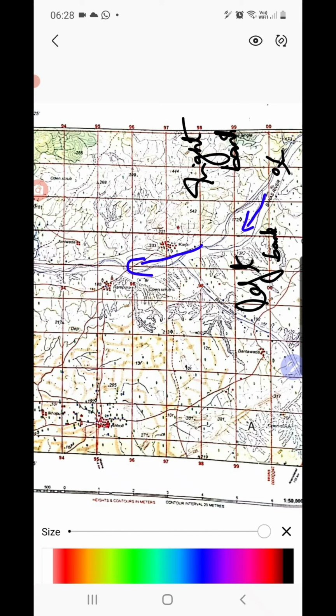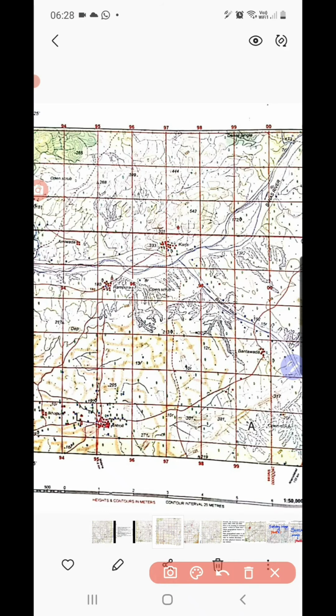So suppose a question comes, on which bank of the Banas river does the Balram Nadi join the Banas river? Which bank is it? Left bank. Accordingly we learn that this is the left bank. So it is joining at the left bank.